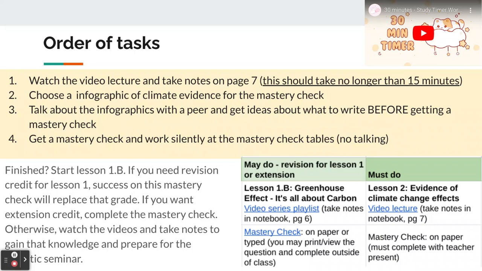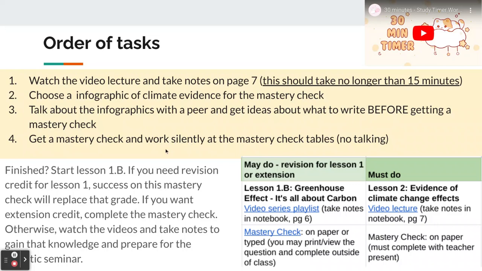Then, once you have that infographic, feel free to talk about them with peers and get an idea about what to write before you start that mastery check. But if you need to, go back and watch the video lectures so that you know how to fill that out. The video lecture is 11 minutes long, so it should take you no longer than 15 minutes to complete that part.